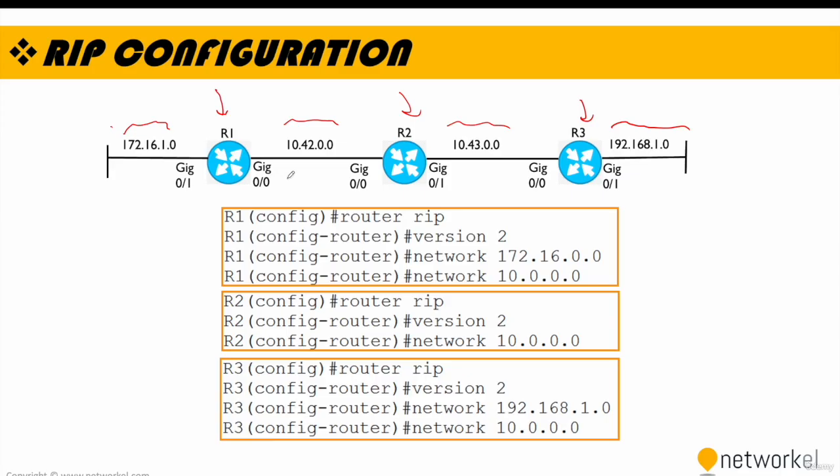You just, in the config mode, of course, type router rip. Then you define the version of the protocol that you want to run. It will mostly be version 2, router rip version 2, and then you just go ahead and type the networks that this is connected to. Okay, in the class B you are writing like 172.16.0.0, and since this is a class A network, you are typing only the class A network, 10.0.0.0.